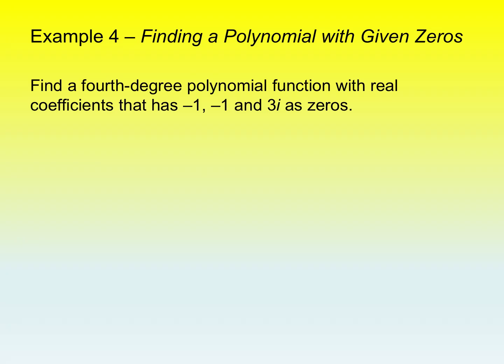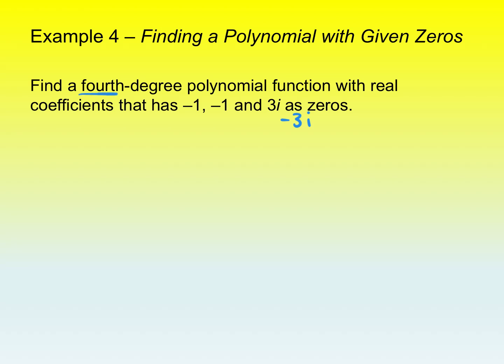In example 4, it asked us to find a 4th degree polynomial function with real coefficients that has -1, -1, and 3i as zeros. Do we know of any other zeros that would be a pair of one of these? Are any of these complex? 3i. So what would another zero be? -3i. Awesome.